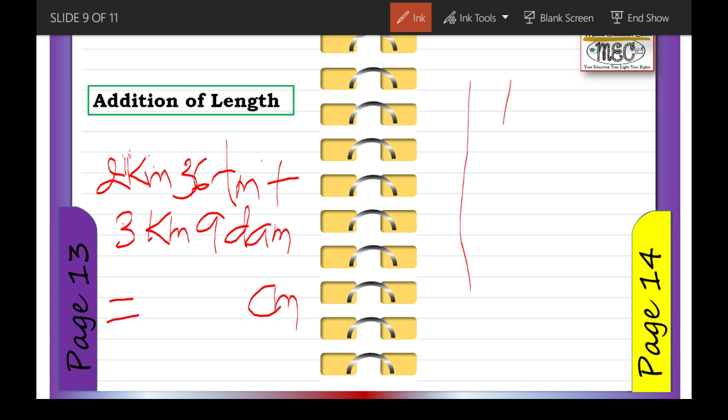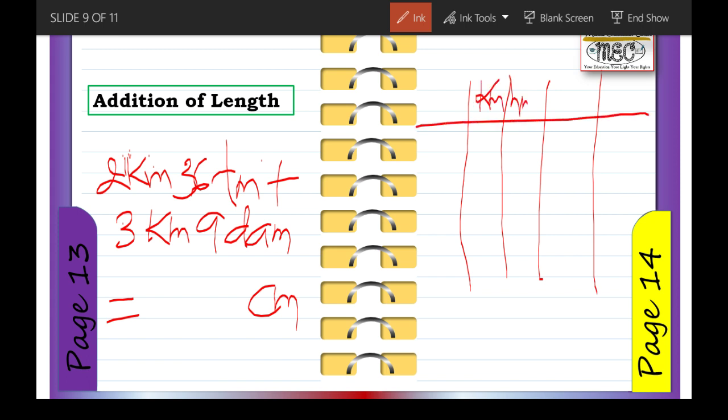Let's draw the conversion table. In our conversion table, we fill in with kilometers, hectometers, decameters, and remember that they want the answer in centimeters, but let's make it short. We ask it in meters. Here we put meters. They have given us 2 kilometers, 36 decameters, to mean there is a decimal point.